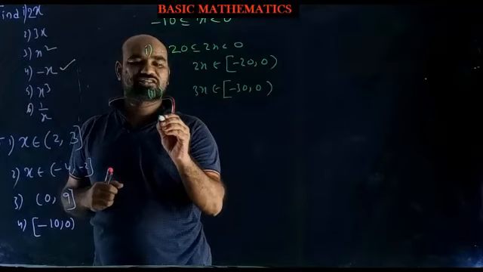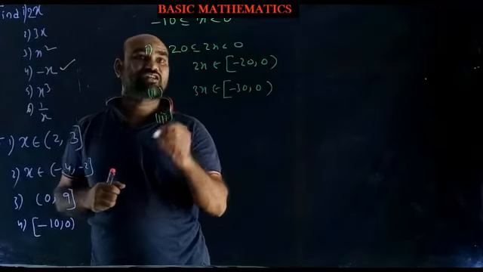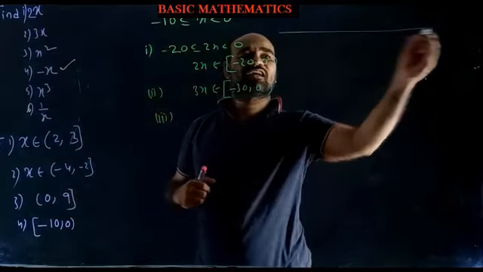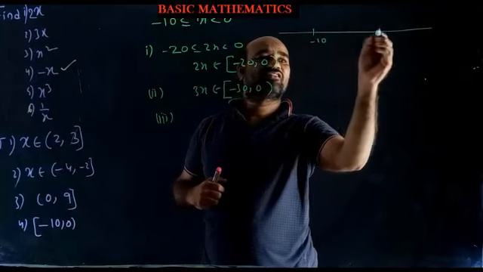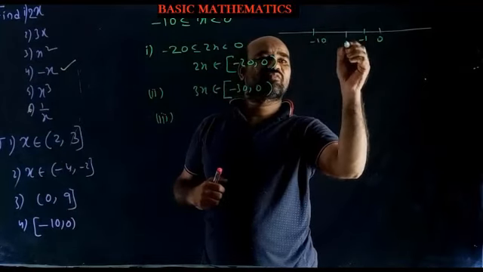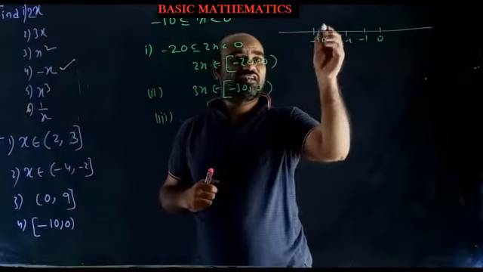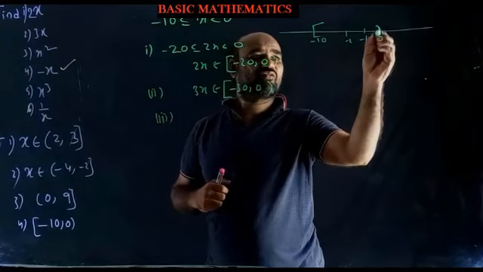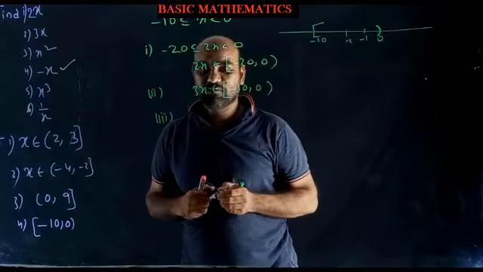X square, interesting. Squaring, again I want to explain here. Here is minus 10, here 0, here minus 1, minus 2, like that. Minus 10 is included, 0 is excluded on the number line.